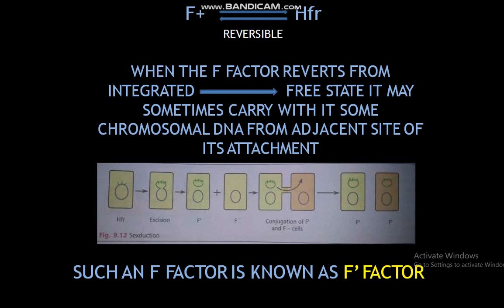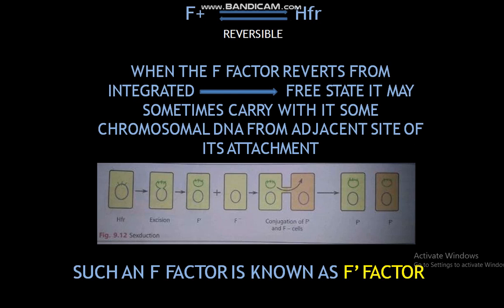As you can see here in the figure, Hfr, then excision, after that F negative, then conjugation of F prime and F cells, and finally the individual F prime and F cells are formed.